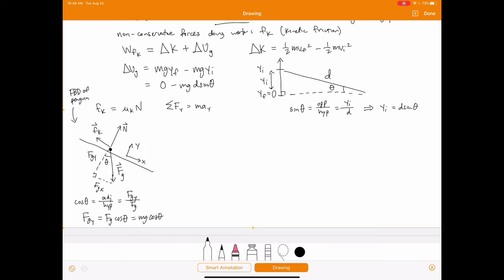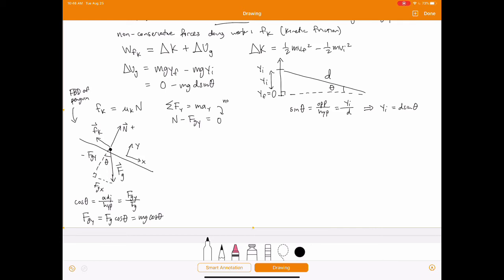Okay, what forces do I have going in the y direction? Well, I have the normal force, which is positive, and I have FGY, which is negative. It's going in the negative y direction. And that equals the mass of the penguin times the acceleration in the y direction. But here's the thing.